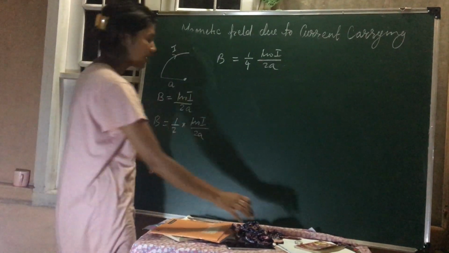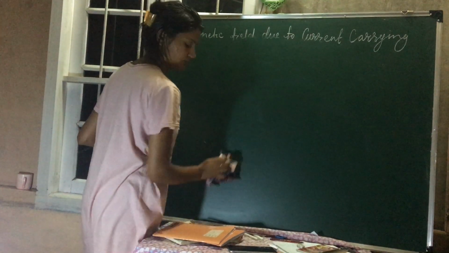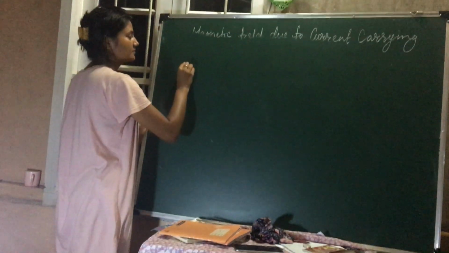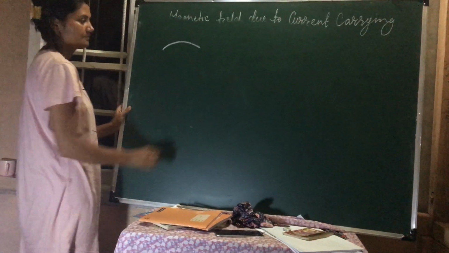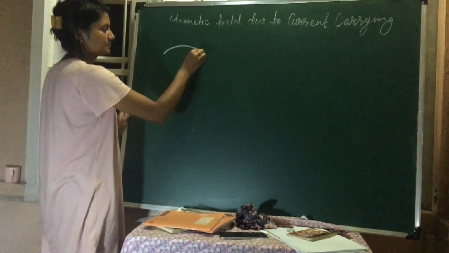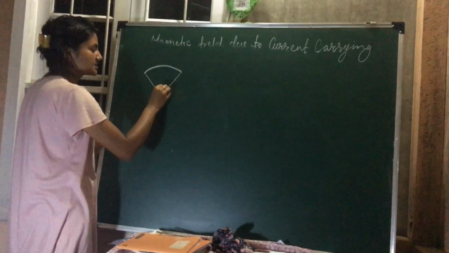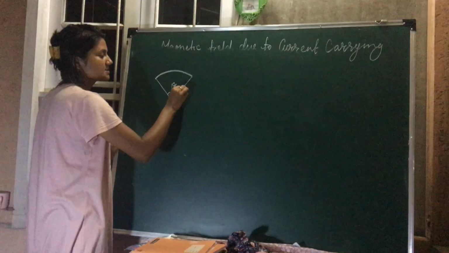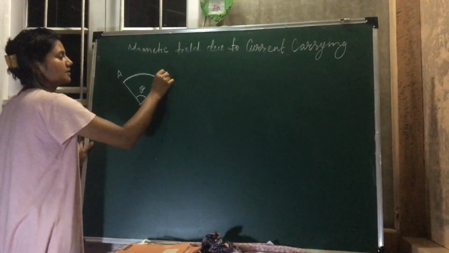But say this is a loop, and this is the radius A, this angle is theta, and this is the length AB.